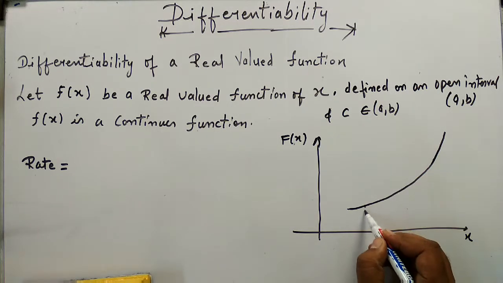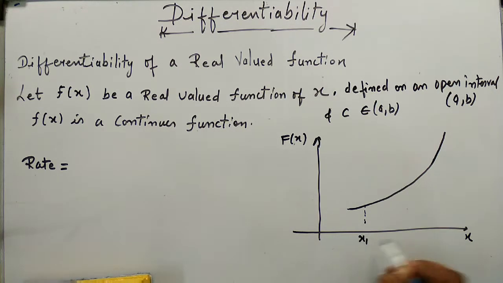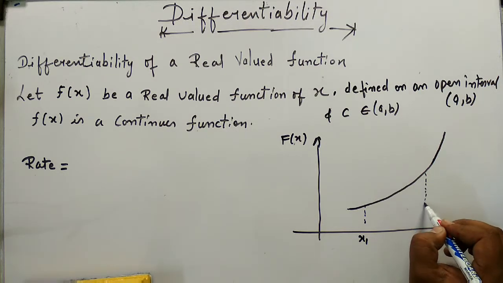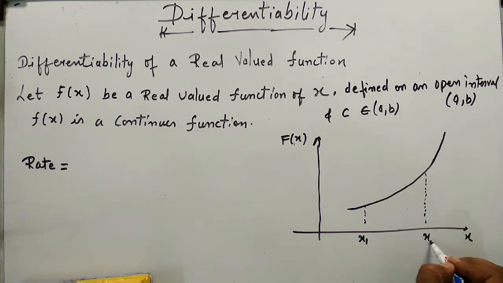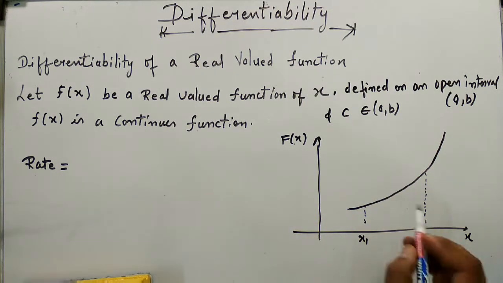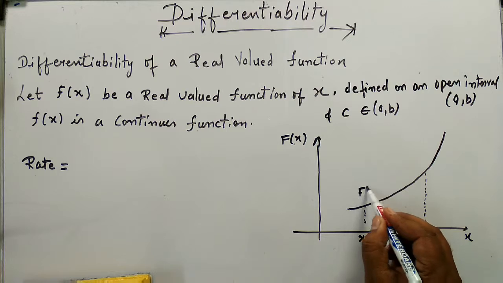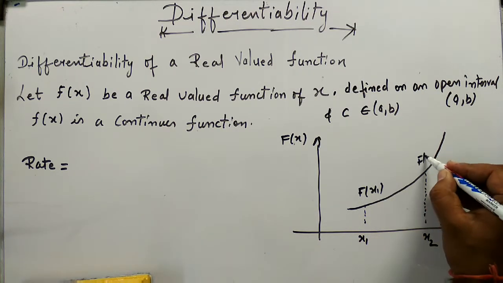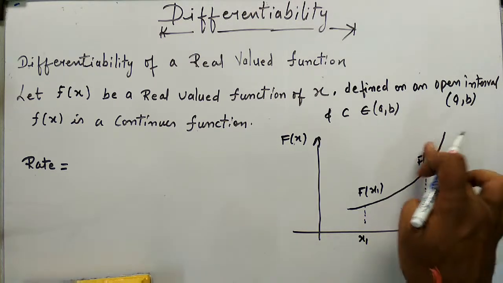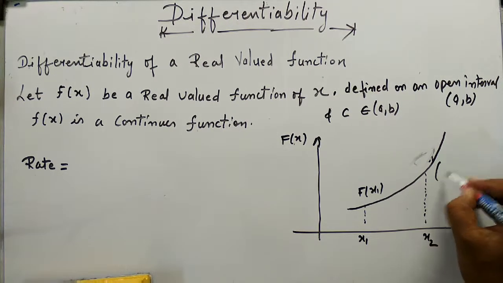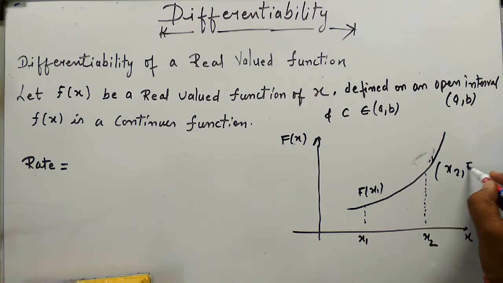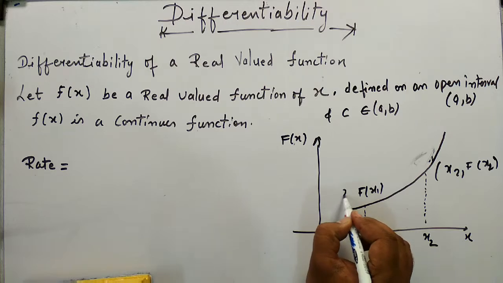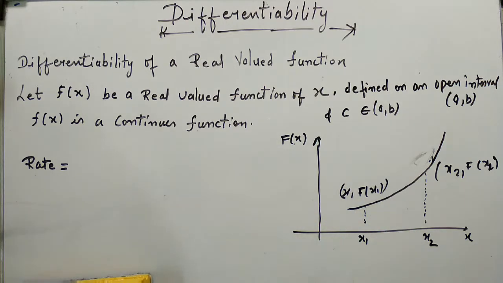So let's assume that this point is x1 and this point is x2. So the values would be f(x1) and f(x2), and this point would be (x2, f(x1)) and this point would be (x1, f(x1)).